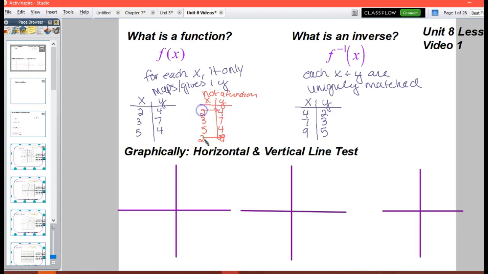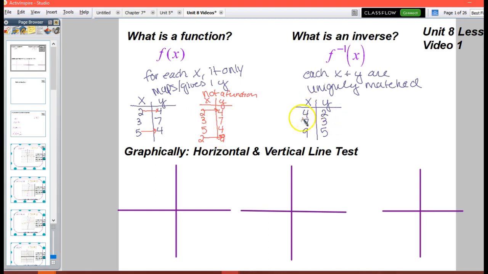When you put 2 into the function, it can't confuse you and give you 2 different numbers. So that would not be a function because each x doesn't only map to one y value. That certain x is mapping to 2 different y values. So that would not be a function. This would be a function. Remember, it's still okay for different x's to go to the same y value, but not the same x value to go to different y values.